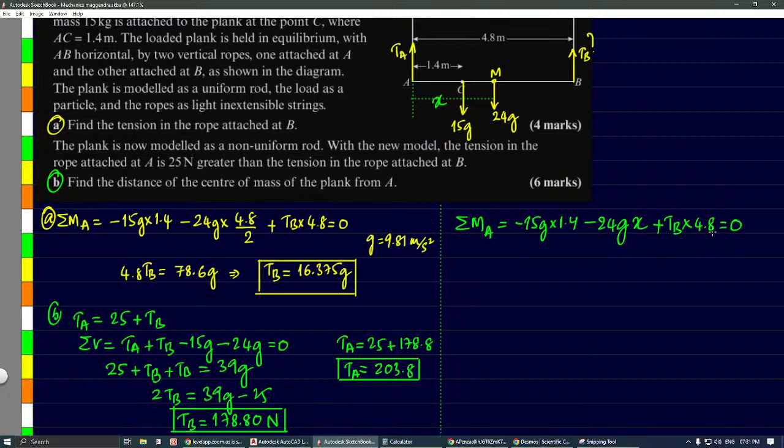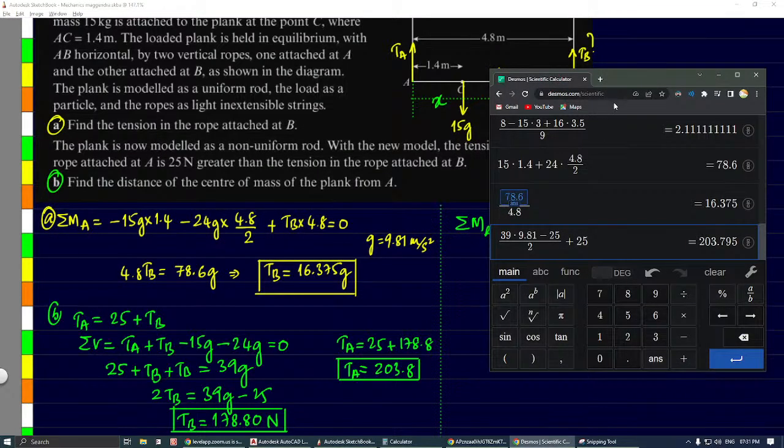Now we know the value of TB, we can substitute. g also I think we have to substitute, because g will not get cancelled anyway. So 24gx equals TB value, 178.8 into 4.8 minus 15 into 9.81 into 1.4. So x value we will get by dividing the right side with this term.